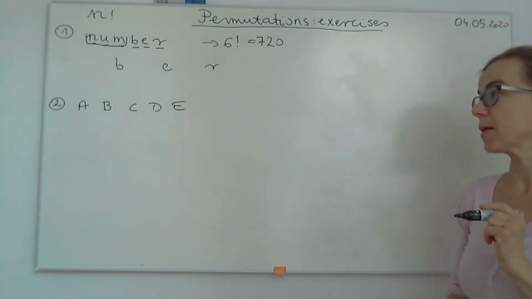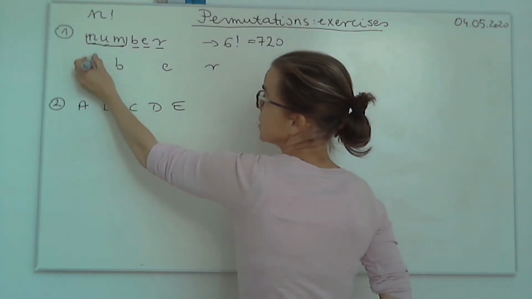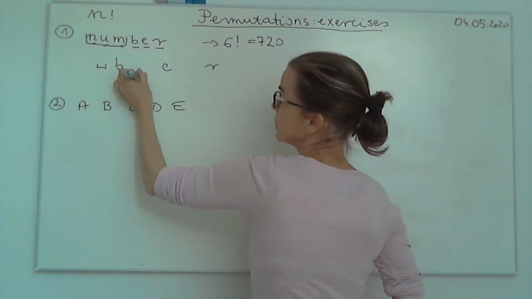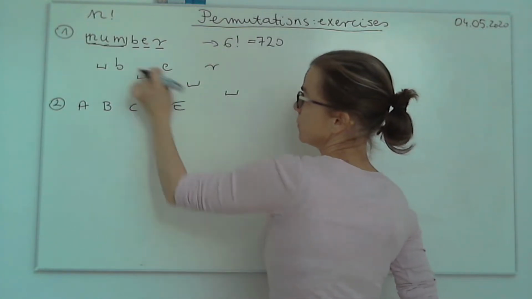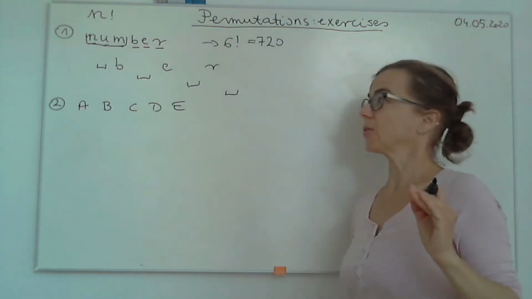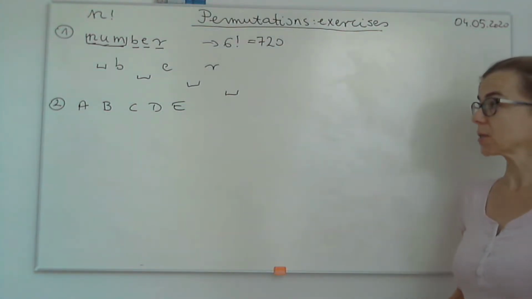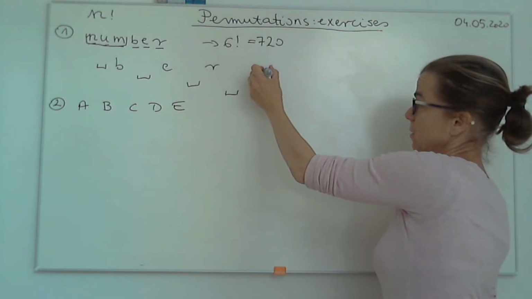Since there are not that many, it's a viable way of solving the exercise. So considering NUM, it can go either here, or here, or here, or here. 3 letters determine 4 possible slots. So that's going to be 4 possibilities.